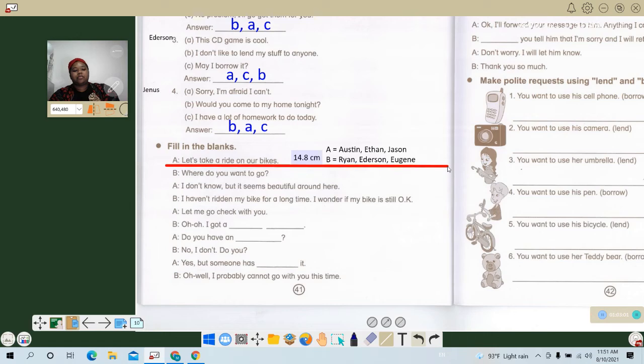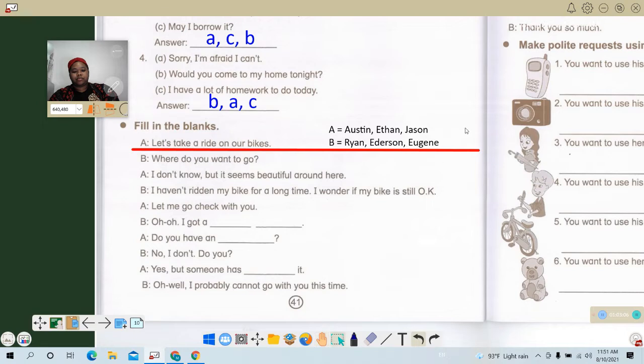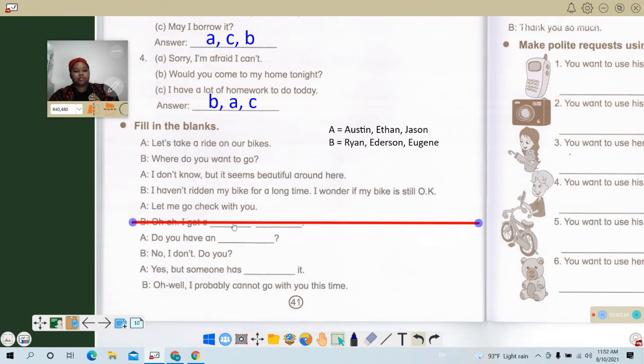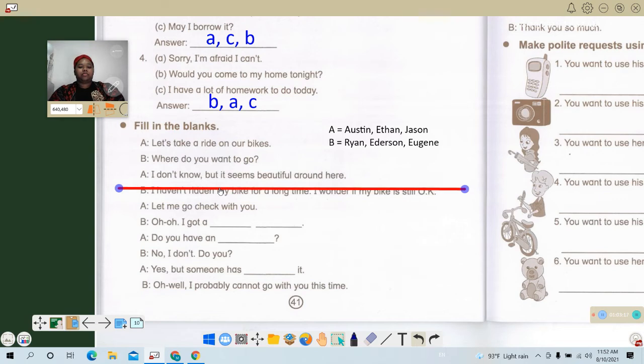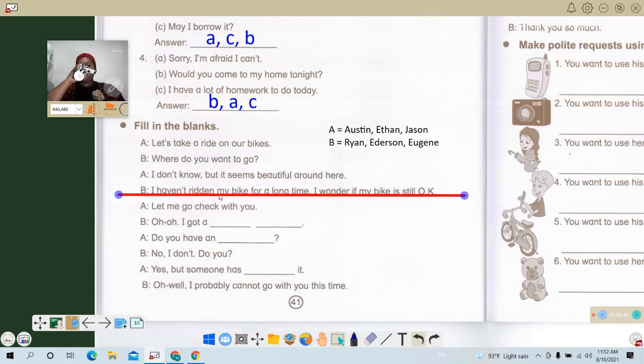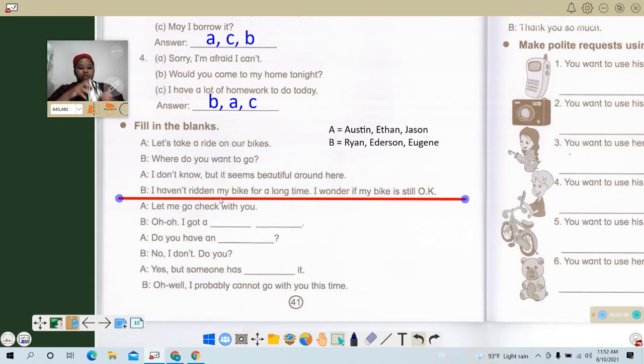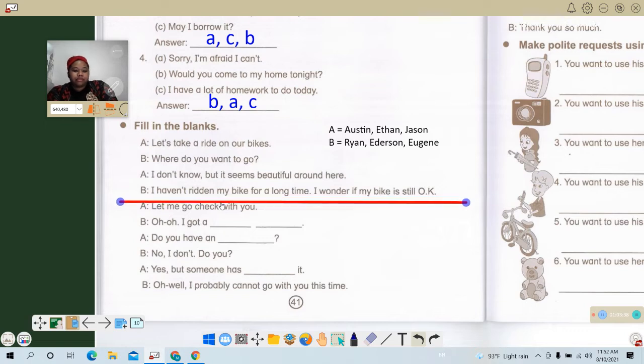Let's take a ride on your bikes. Where do you want to go? I don't know, but it seems beautiful around here. I haven't ridden my bike for a long time. I wonder if my bike is still okay.